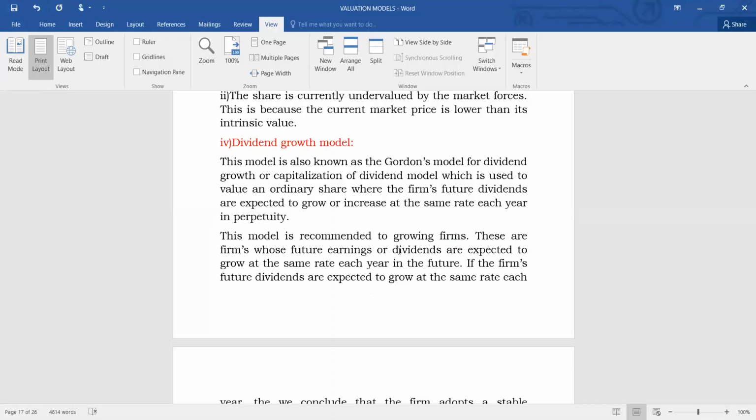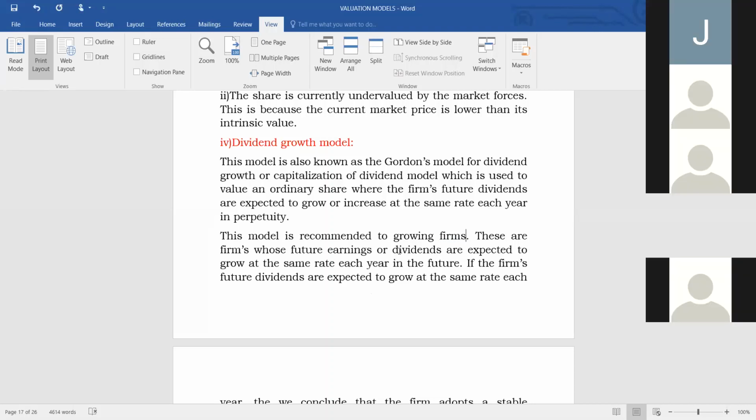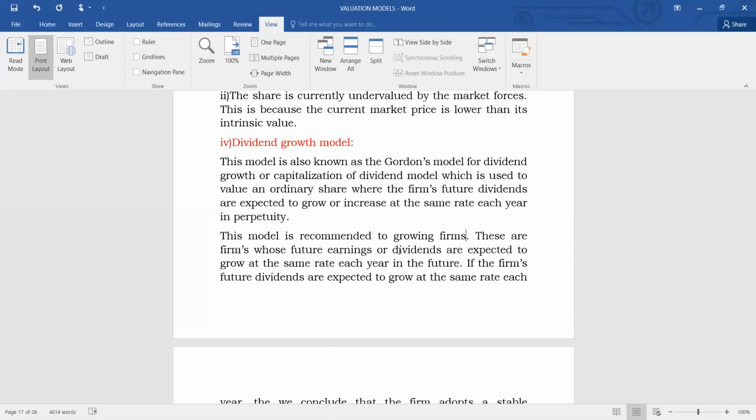Is it Gordon or Goridon? How is that name pronounced? Gordon. Gordon could be the name of a guy who came up with this model, the Gordon's model.